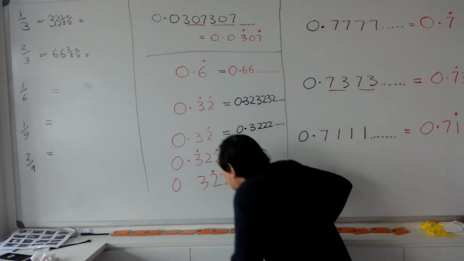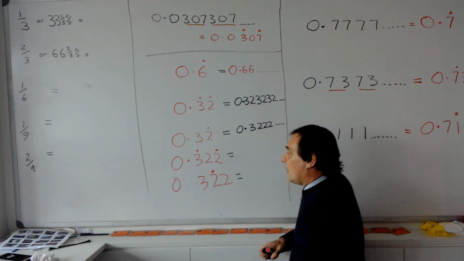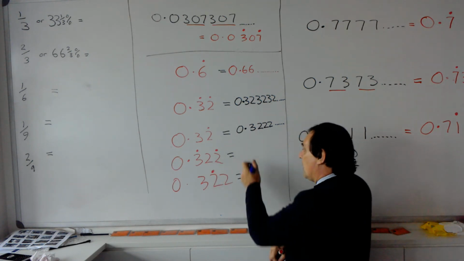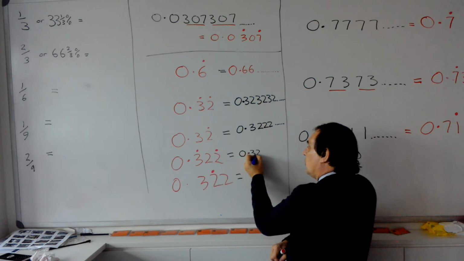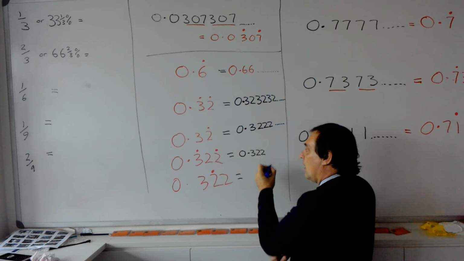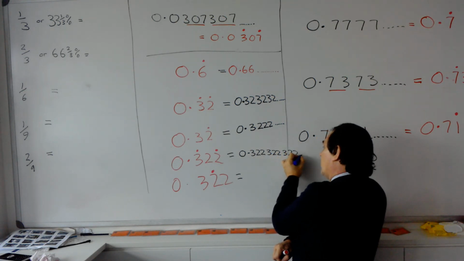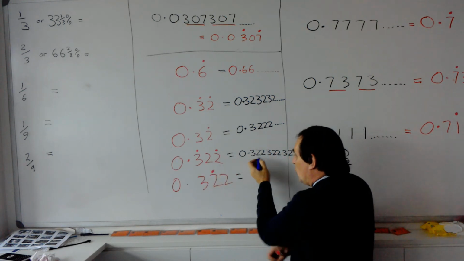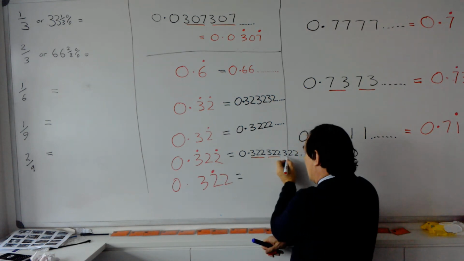We've got 0.322, with one dot above the 3 and one above the 2. So it's going to be 0.322, 322, 322, and so on. It's the 322 bit that's repeating itself, indicated by the start and the end of the dot there.